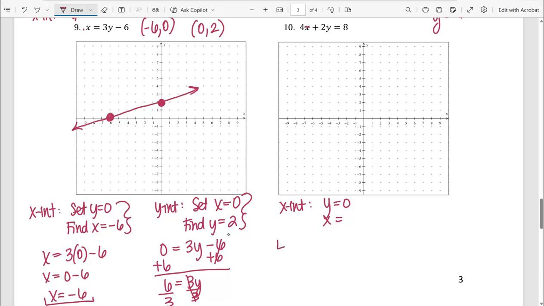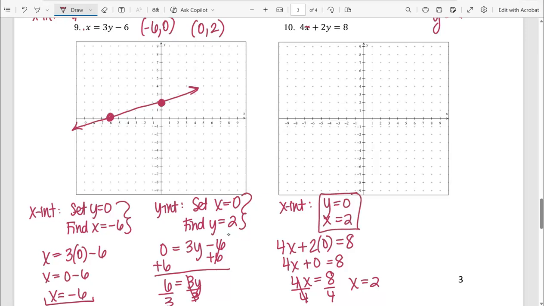So leave 4x alone plus 2 times 0 equals 8. But 2 times 0 is just 0, which really means I have 4x equals 8. And when I divide both sides by 4, x equals 2.